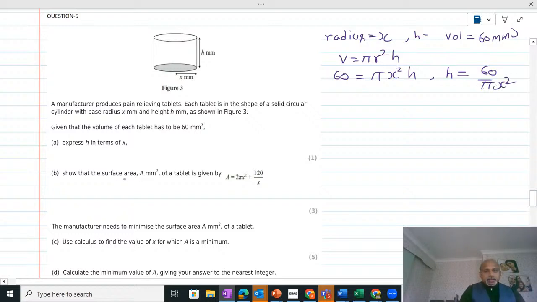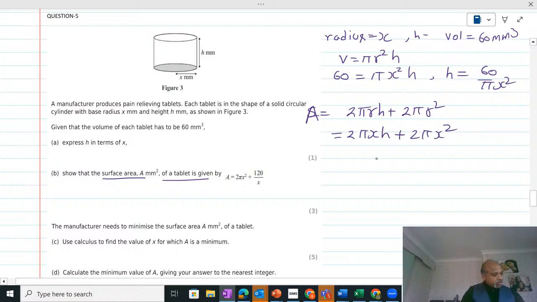Now they are saying the total area. So the total surface area of the cylinder is S, no, they have said A. So let's take A. A is 2 pi r h plus both the circles, that is 2 pi r square. So it should be 2 pi x h and 2 pi x square. And if you see, they don't want to see h here, so you can replace h with 60 over pi x square from here.